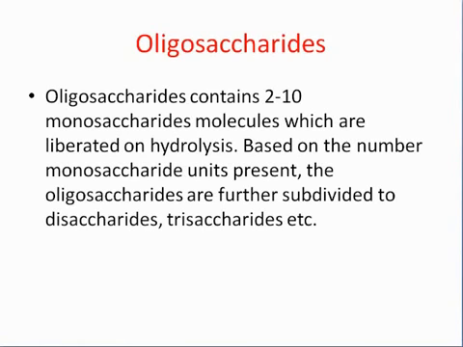Trisaccharides, similarly, have three monosaccharide units held together by glycosidic bonds. Whatever it is, if the number of sugar units is between 2 to 10, they are generally referred to as oligosaccharides.